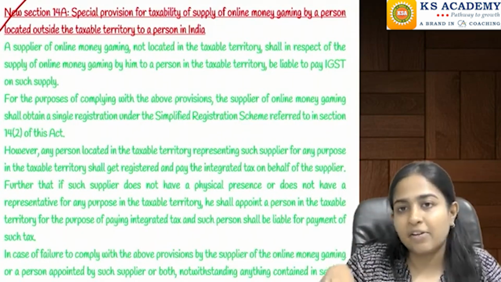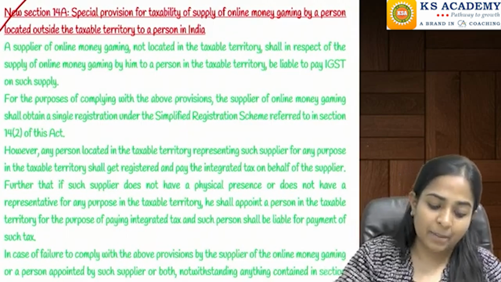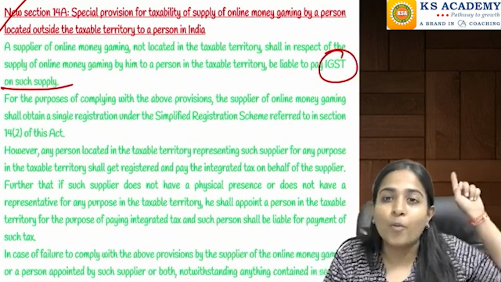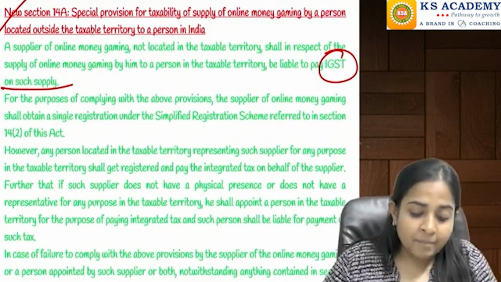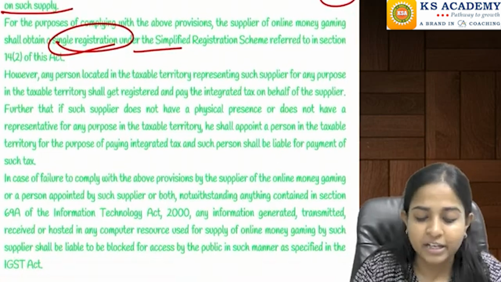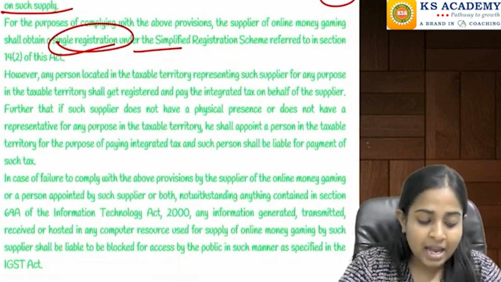Still, can we say he will come under GST? CGST, SGST will not be applicable, but IGST will be applicable on such supply even if someone is providing that online gaming service from outside India. For that purpose, that person is also required to obtain registration here in India, because now he is liable for paying IGST here in India.